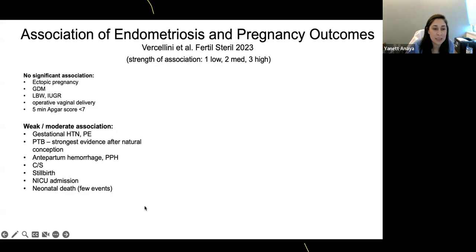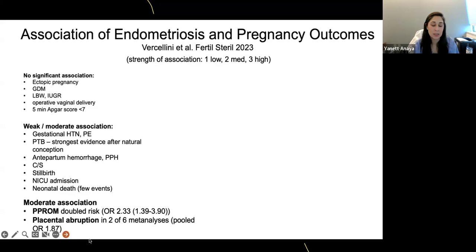There does seem to be a weak to moderate association with gestational high blood pressure, preeclampsia, and preterm birth, and this seems to be a stronger association after a natural conception. There also seems to be an increased risk of postpartum or antepartum hemorrhage. We also see a potential increased risk of cesarean delivery, stillbirth, admission of the neonate to the NICU, and potentially neonatal death. I think this is probably a lot less, not a major risk.